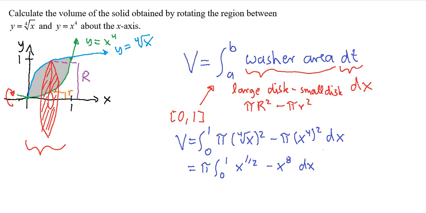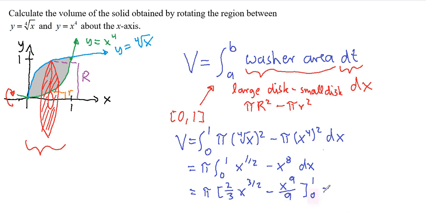And we can readily find the antiderivative of both of these terms, and so we get pi times x to the power of 3/2, multiplied by 2/3, minus x to the power of 9, all divided by 9. And then this needs to be evaluated from 0 to 1.